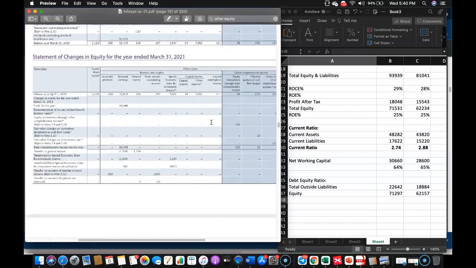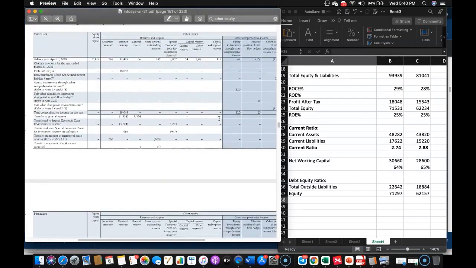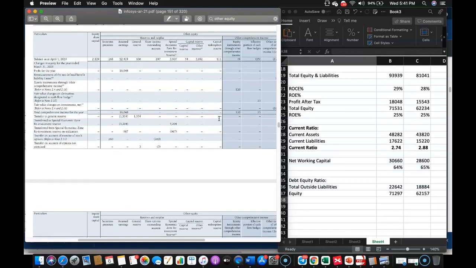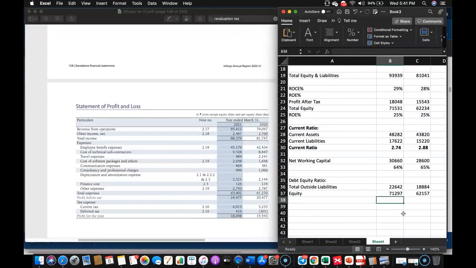So far it does not include revaluation reserve. It has increased mainly on account of profits. I also tried searching for revaluation reserve and it is not found. So we can conclude with that. Let's calculate now. Total outside liabilities divided by equity gives a ratio of about 0.32.